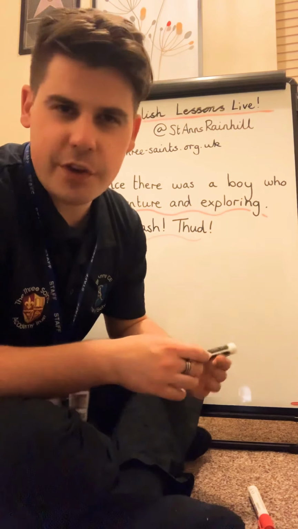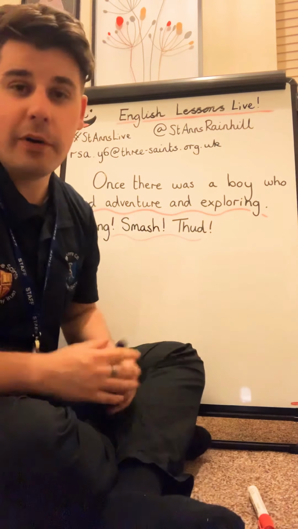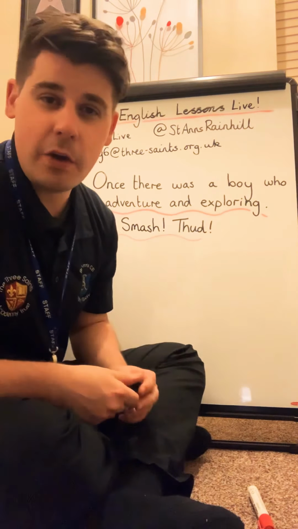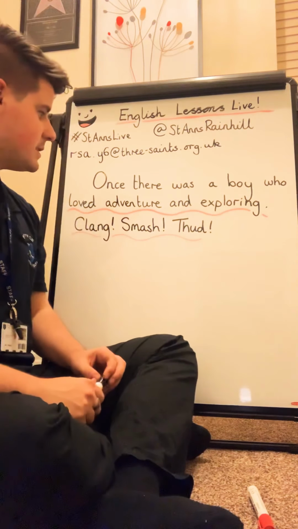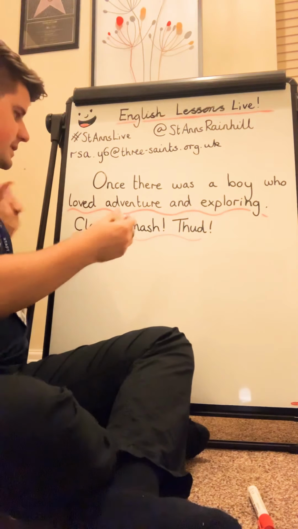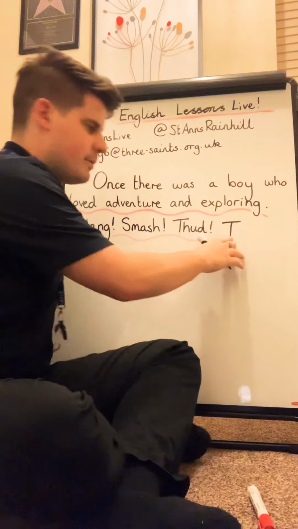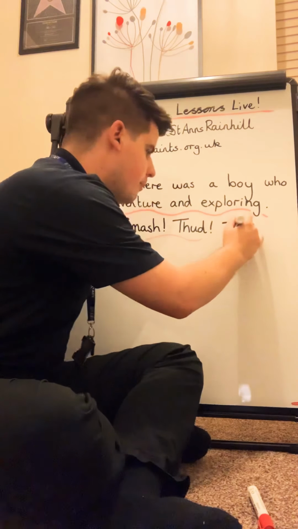I guess my audience are going to want to know what's making those noises. Well, it's the boy tidying up all of his things. So I should probably explain that to the audience. So I might say, the boy, capital letter because we're starting a new sentence, the boy.